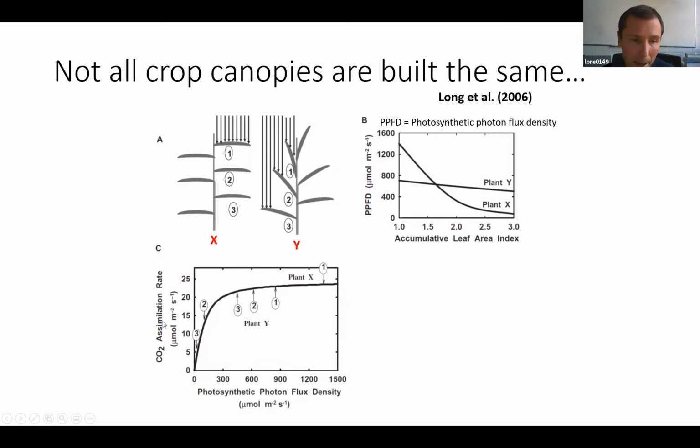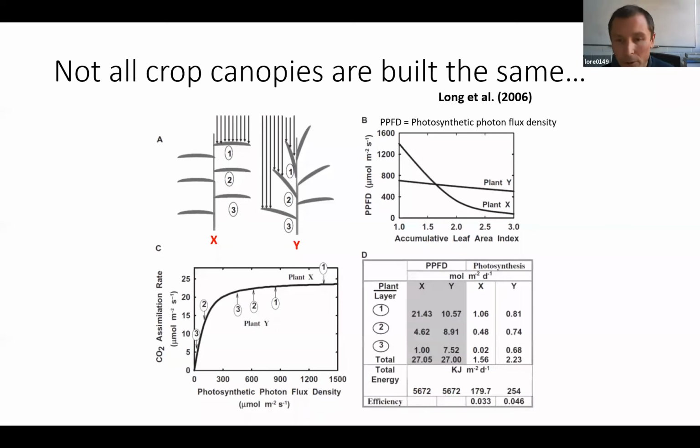Okay, so they're not maximizing their overall photosynthesis. And the net result of all that is that the overall photosynthesis of plant Y, if you do the modeling, is actually greater than it would be for plant X, again, attributed to the more uniform distribution of light throughout that plant.